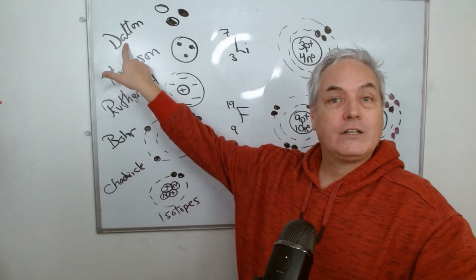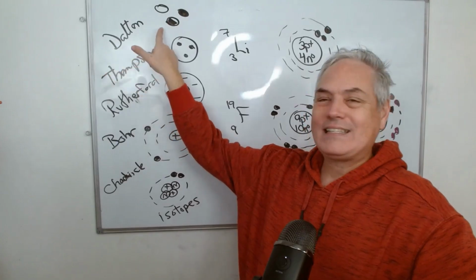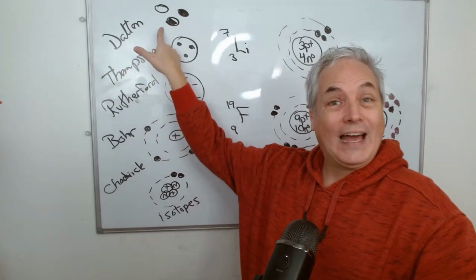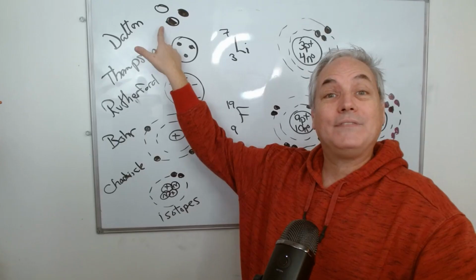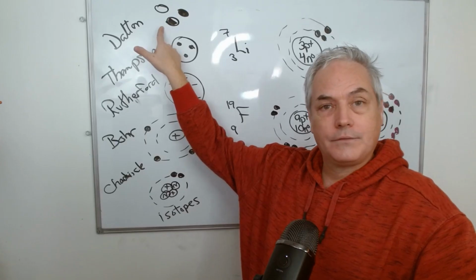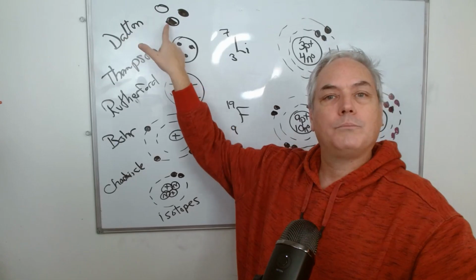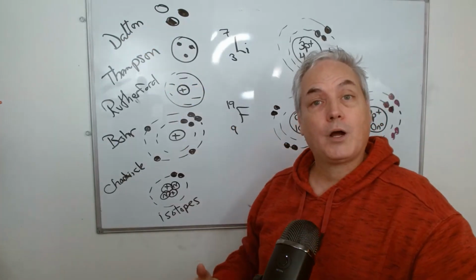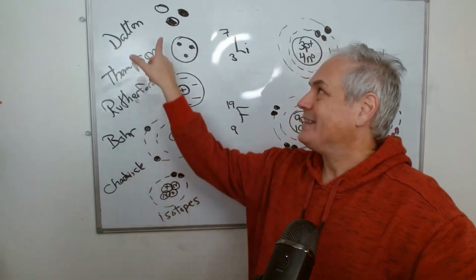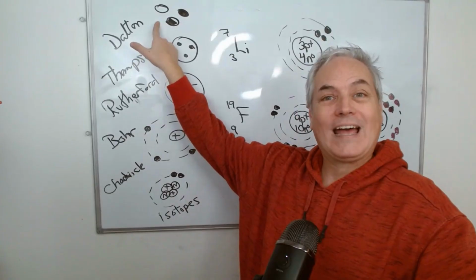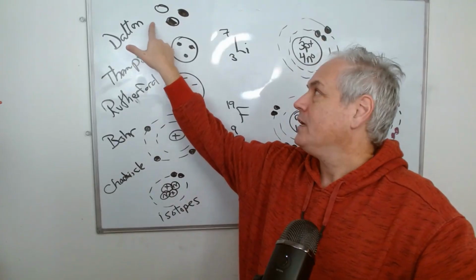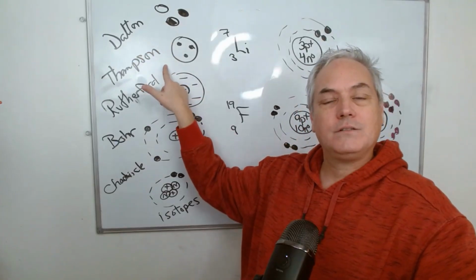A couple hundred years ago, we have Dalton, who said that chemically, different types of matter have different types of particles. So for example, we have a particle of gold, a particle of water, a particle of lime. Different matter has its own different particles. Next, we have Thomson.